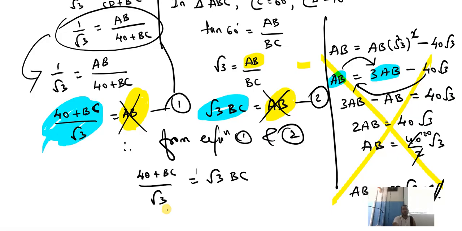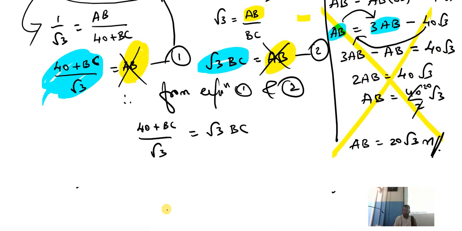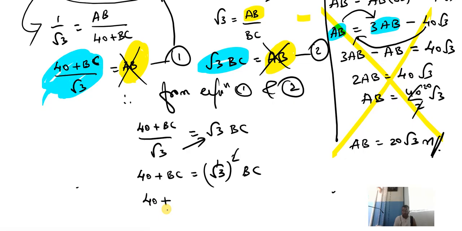Now what we can do? Can we cross multiply root 3? Then it becomes 40 plus BC is equal to root 3 into root 3 whole square into BC. Root squared cancels. What is left? 40 plus BC is equal to 3BC. Keep 40 as it is. 3BC as it is.